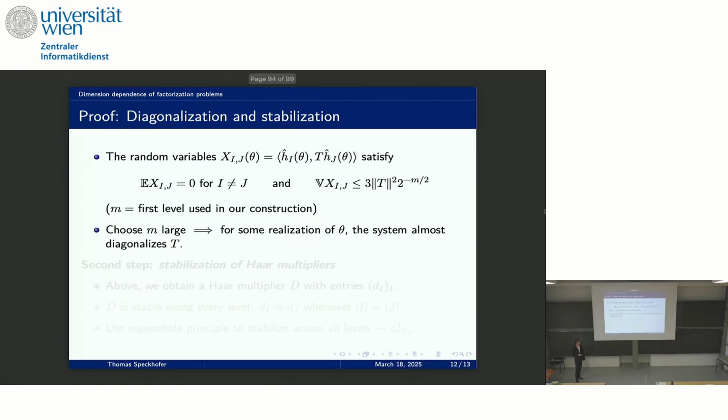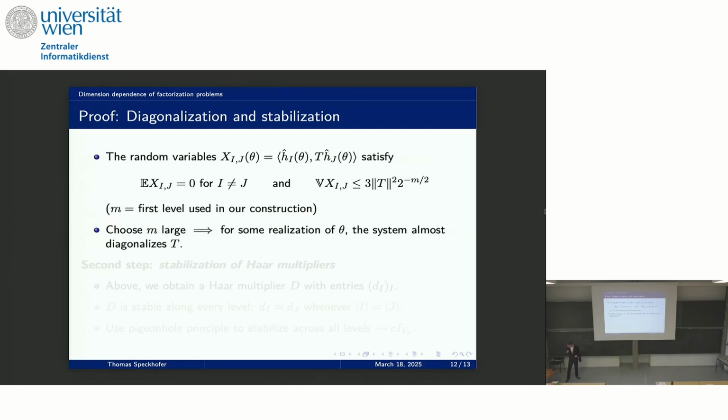So this means that by choosing m sufficiently large, we can use probabilistic arguments and Chebyshev's inequality to prove that for some realization of our random signs theta, the resulting system will almost diagonalize the operator t, because the off-diagonal entries will be close to their expected value. Okay, and this essentially completes the first step.